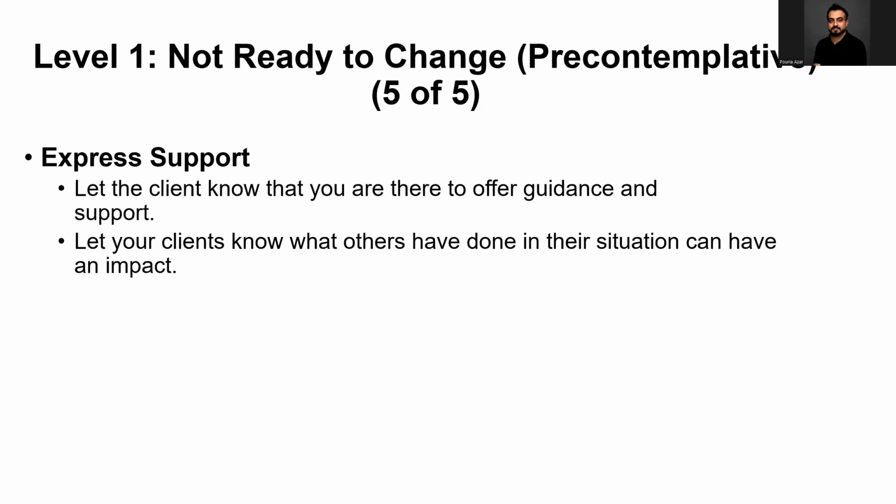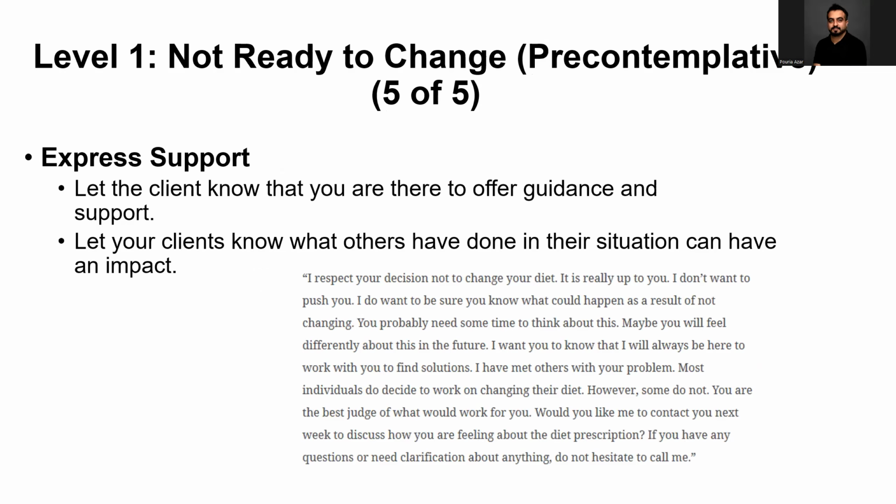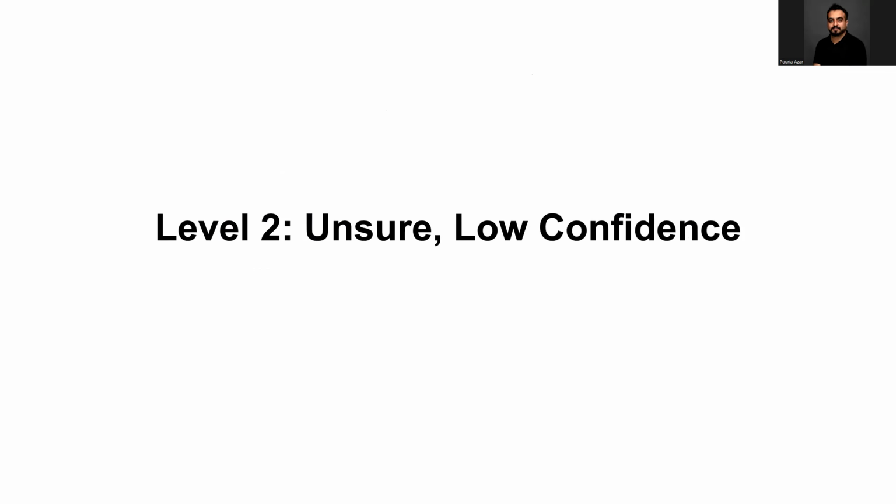We need to express support if clients are at level one. We need to let the clients know that we are there for them to offer guidance and support. And this is an example of how we can express support.